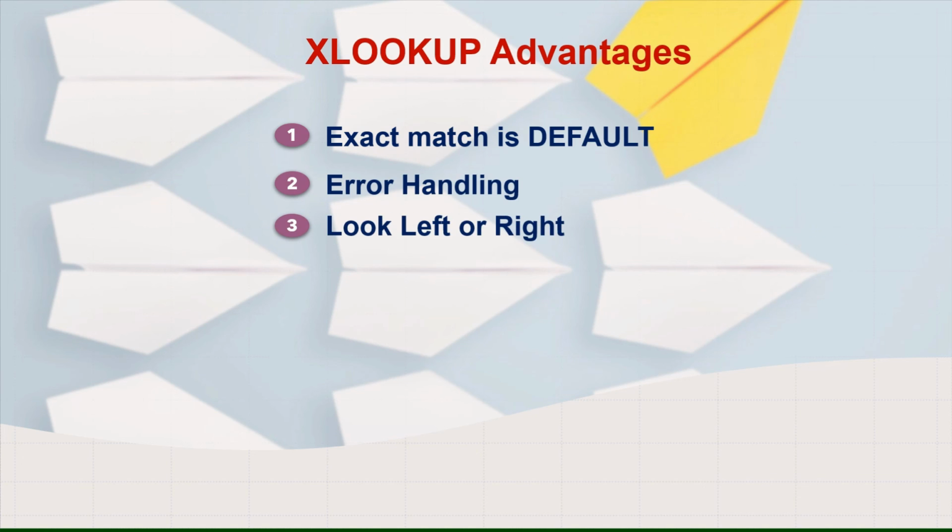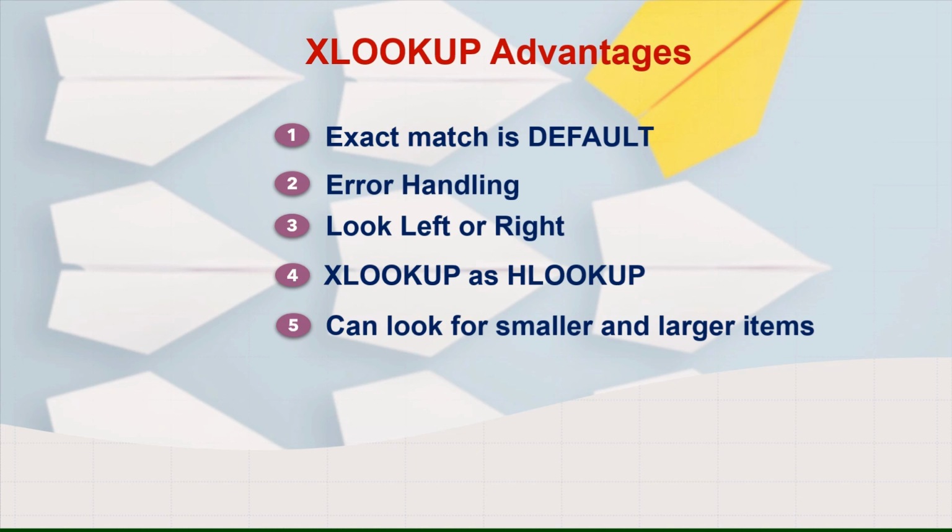XLOOKUP has no problem looking at values left or right in the lookup array. XLOOKUP can easily do horizontal lookup as well. Apart from exact match, XLOOKUP can easily look for smaller or larger values. XLOOKUP won't break if columns are inserted in the lookup array.